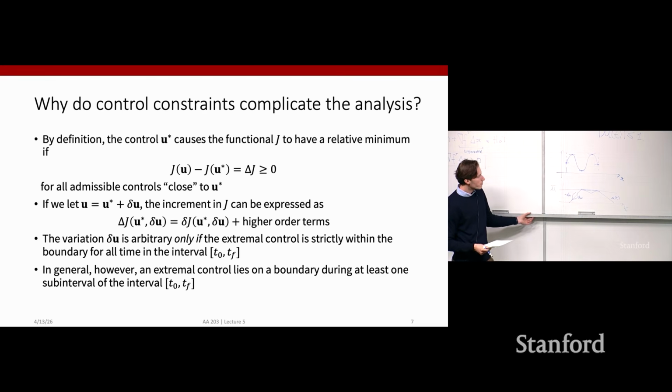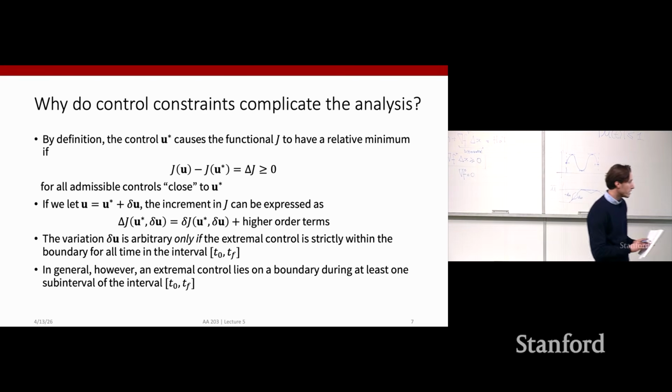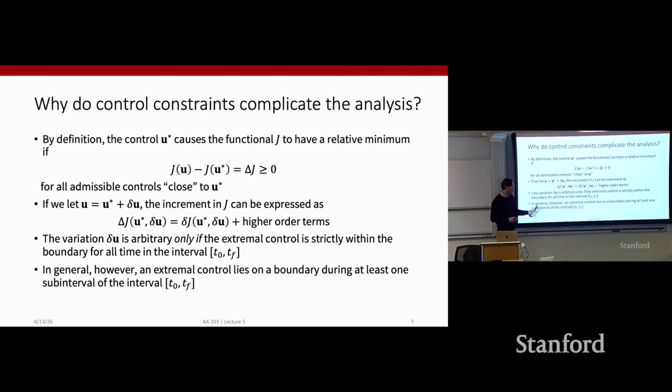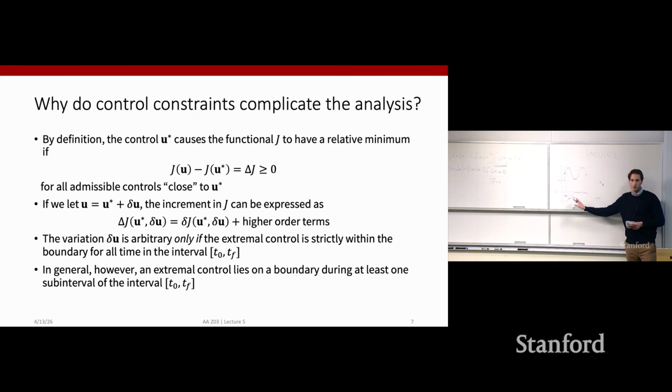And so in general, whenever I'm trying to optimize something, could be final time, given some constraints, it is very common that for some portion of my control profile, I will be at the boundary at some point.